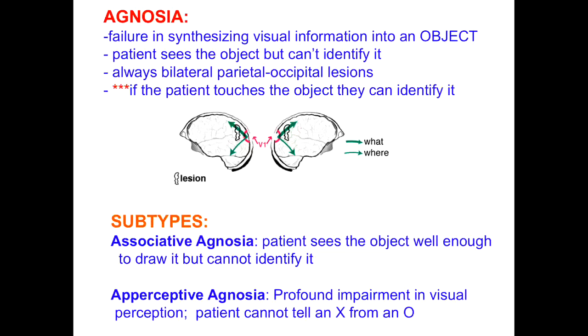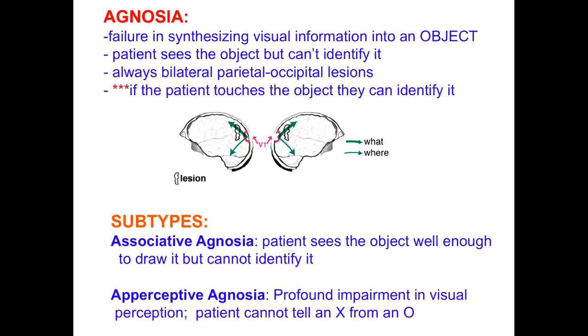That means they're not anomic. If I gave a patient a key and they couldn't name it, even holding it, they still couldn't name it. That's a deficit in finding the name. This person cannot visually perceive what the object is unless they touch it.